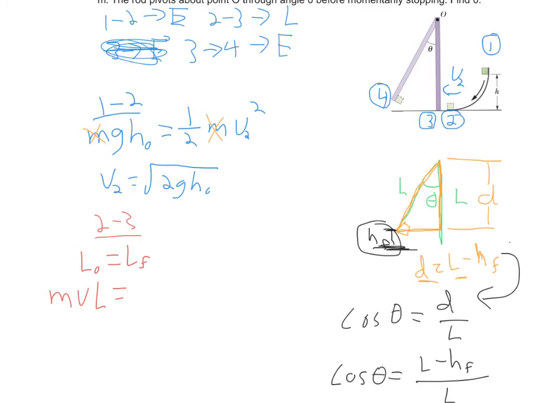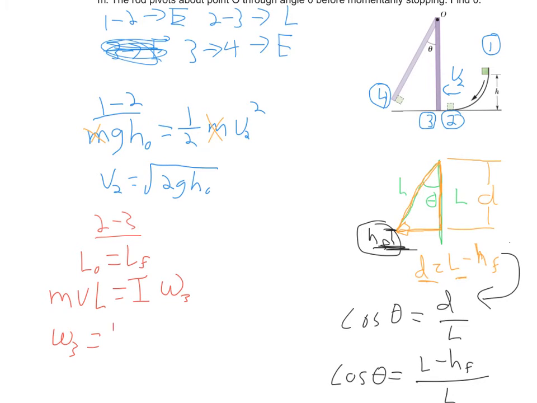But mvL will be the momentum brought into our system by the block, and then the final momentum is just going to be equal to I of our system multiplied by omega after the collision. Maybe I'll do a subscript omega 3 since that's at point 3. So we can find what our omega 3 is if we just figure out what our I value is.